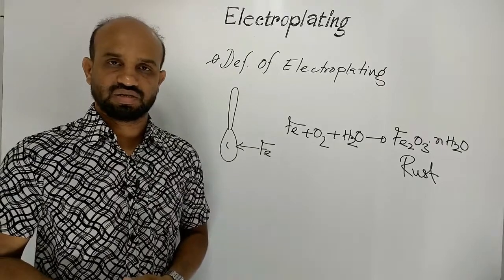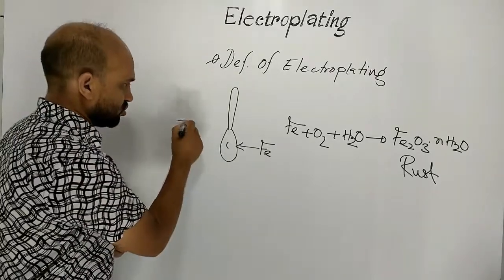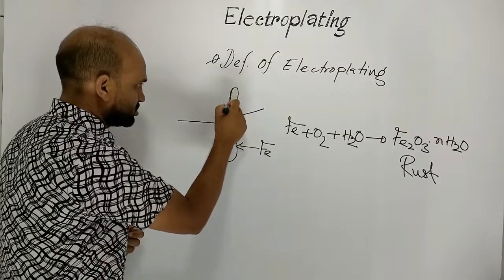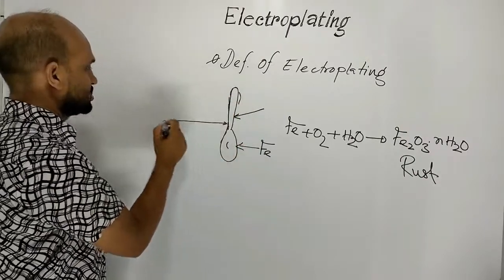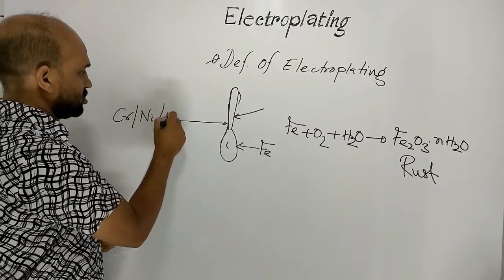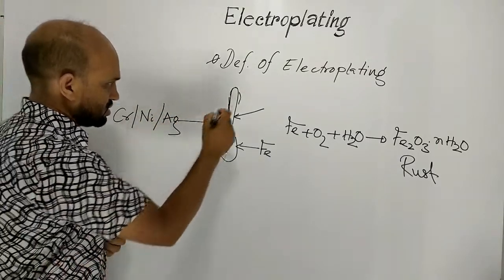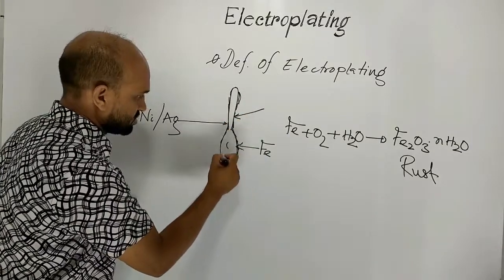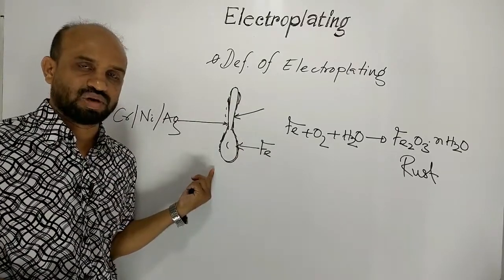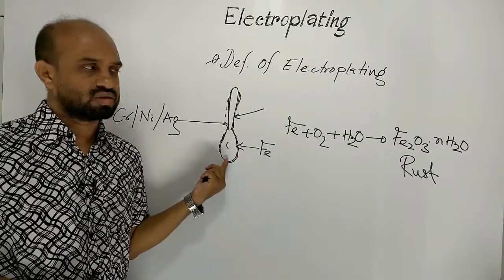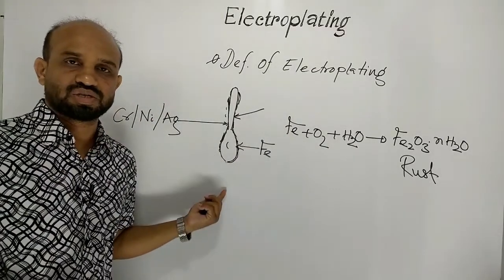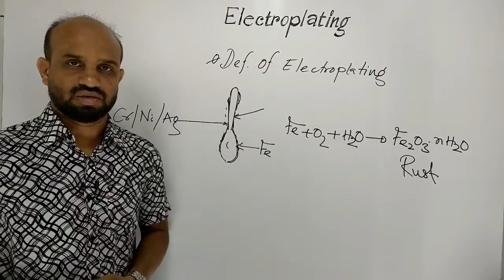To prevent this decay, over this article a layer of less reactive metal, suppose chromium or nickel or silver, is applied over the reactive metal so that rust formation can be prevented. This process is called electroplating.